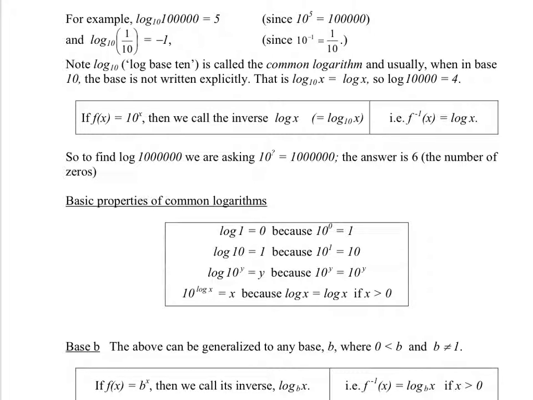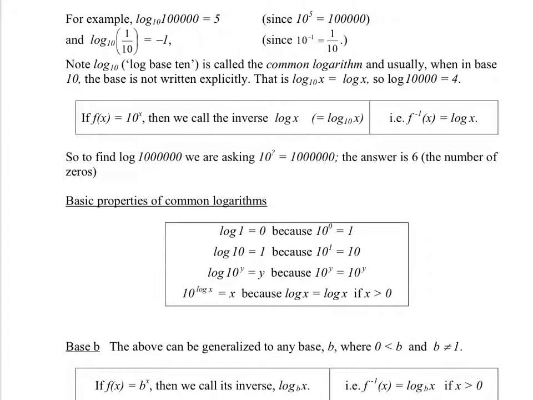Now, log base 10 is kind of a special base. It's called the common logarithm. Common logarithm is this thing here. So when we use base 10, we tend not to write the 10 down here. We often just leave the 10 out. And in fact, on your calculator, there's a log button.